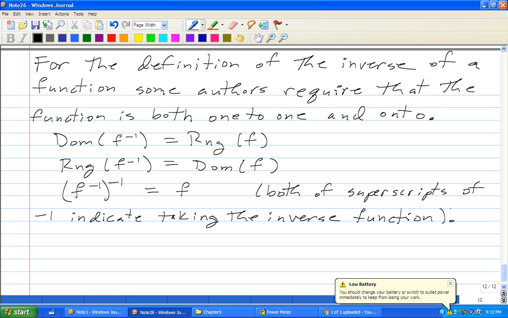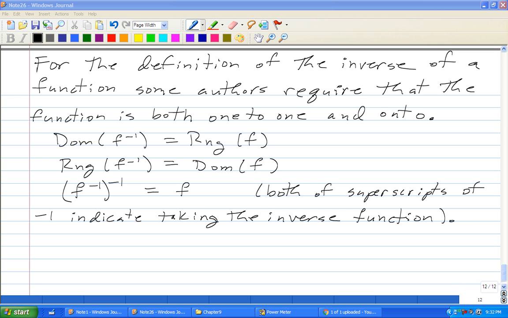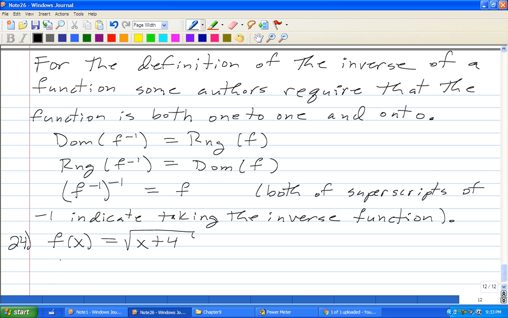Okay, let me do some examples. Let me do problem number 24. F of x is equal to the square root of x plus 4. G of x is equal to x squared minus 4 for x greater than or equal to 0.